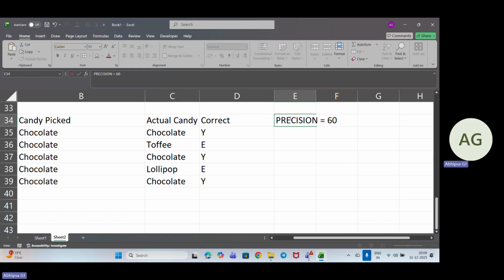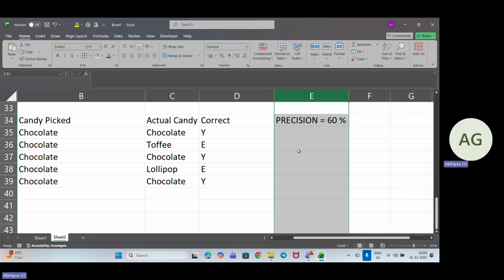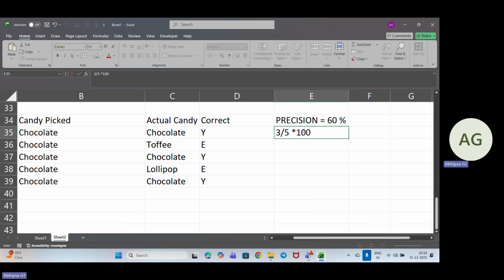How have we calculated it? The total number of yes is 5, and comparing with the actual result, the times it is yes is 3. So 3 divided by 5 into 100 gives us the precision.